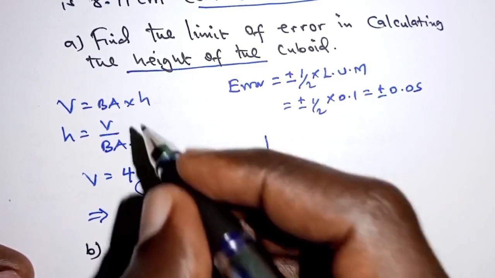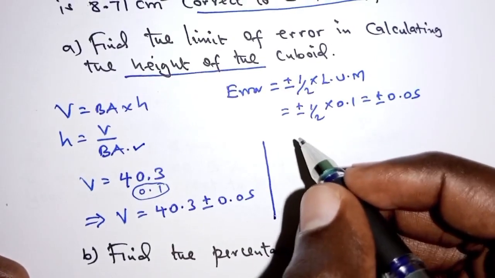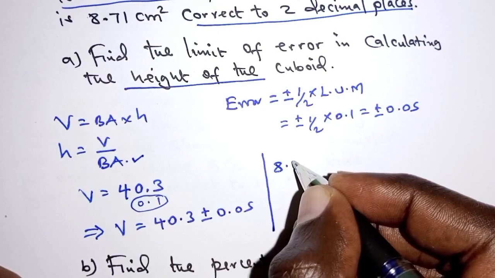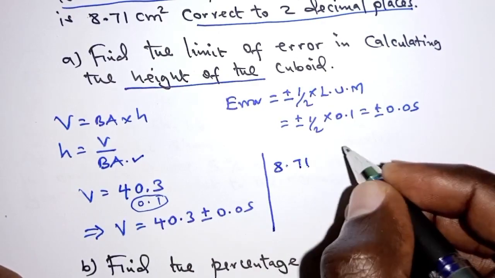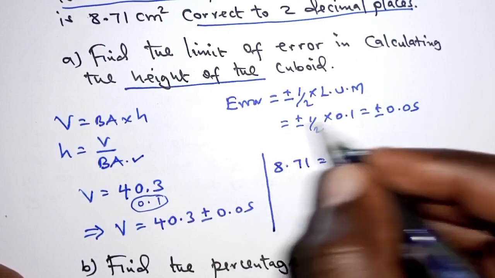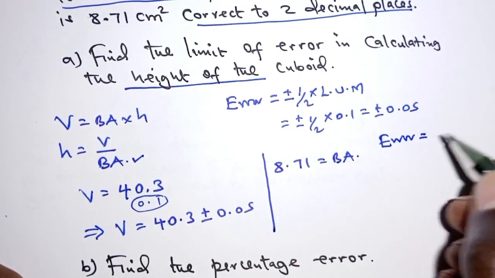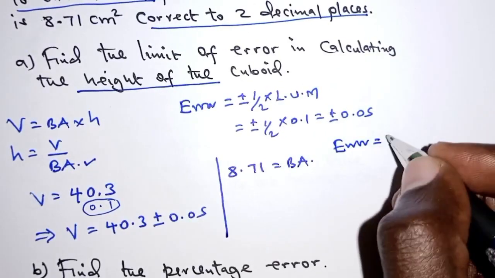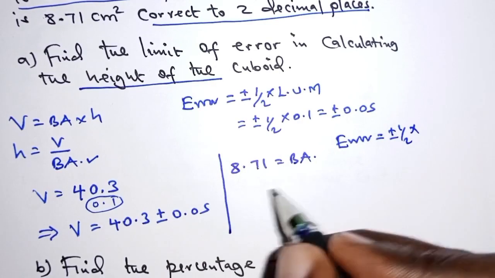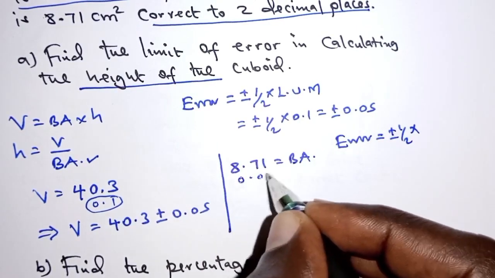We also need to consider the one for the base area. Now for the base area, we have 8.71. And the error here should be plus or minus a half times the least unit of measurement. The least unit of measurement here is 0.01.